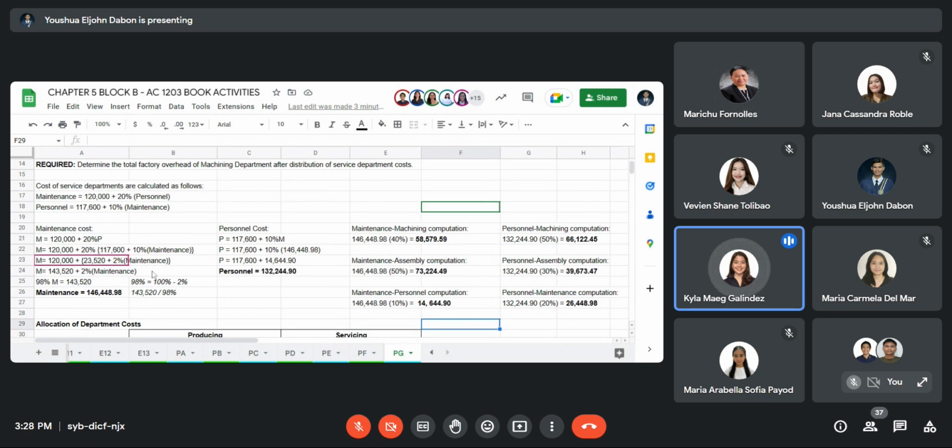And then we're going to add 23,520 plus 120,000. We get a total of 143,520 plus 2% times maintenance.